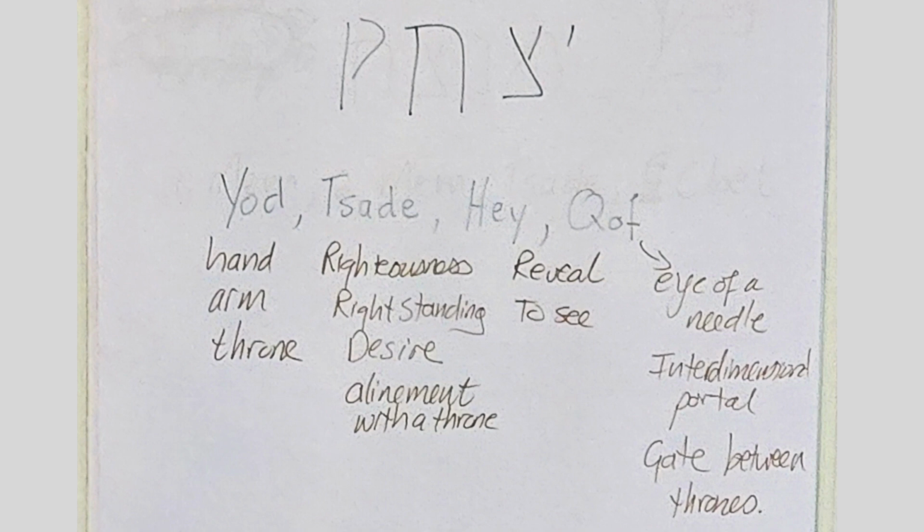If it's in right standing, it's engrafted, part of the tree. A branch that is not in right standing is lying on the ground. So if you are in the right position to receive, you are in right standing.